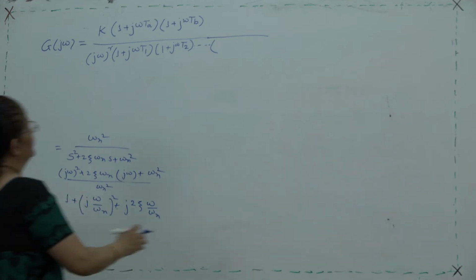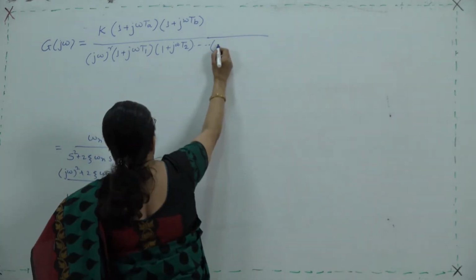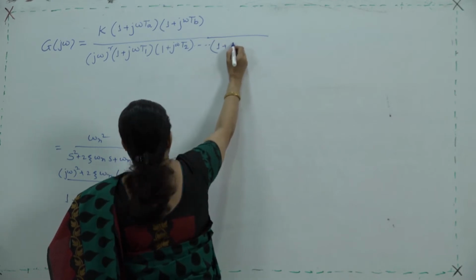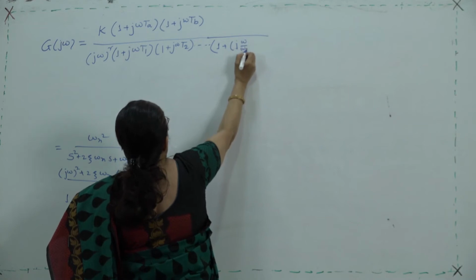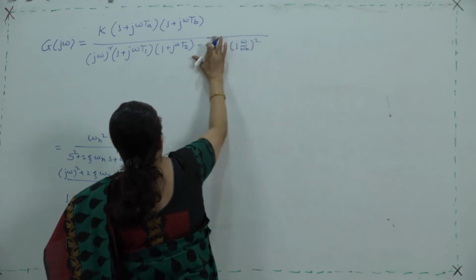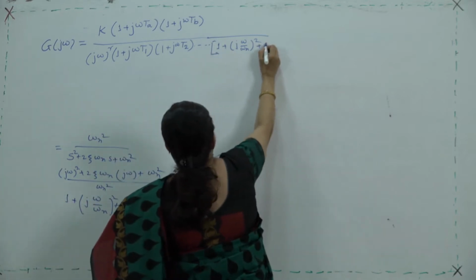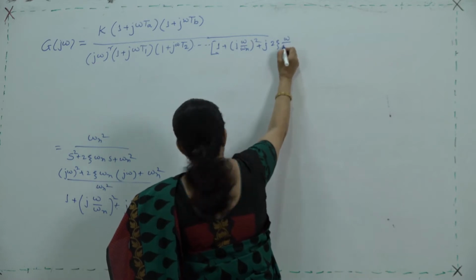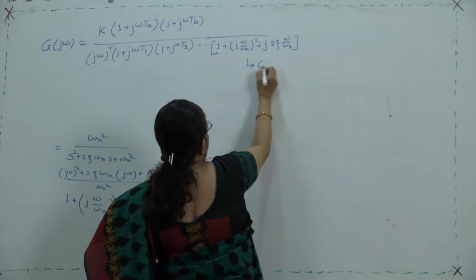Substitute that term by replacing s by j omega, and you will get 1 plus (j omega upon omega n) bracket square plus j twice zeta omega upon omega n. So, this is the complex pole.